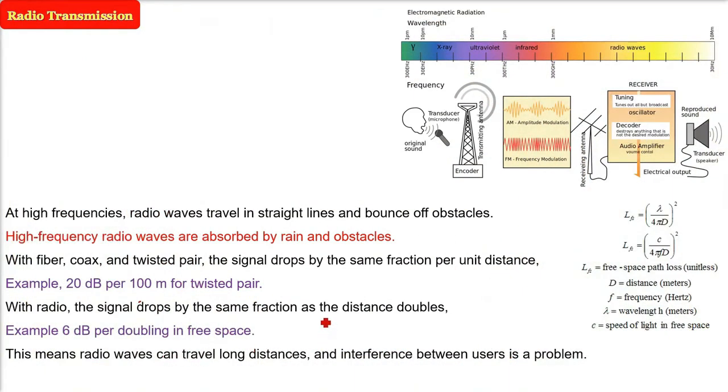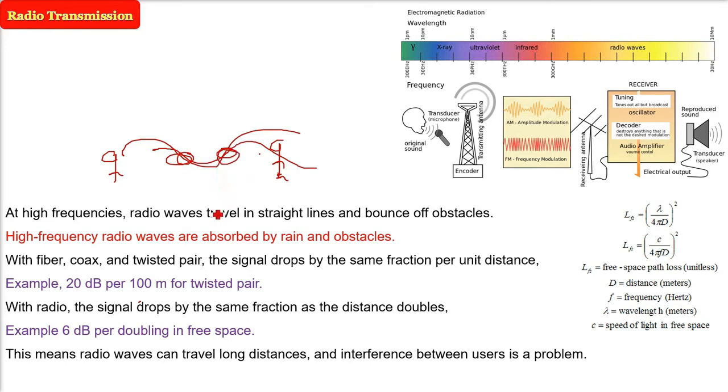This means that radio waves can travel long distances, and therefore if two people are sending radio waves, interference will take place. Constructive interference can be there, destructive can also be there. The destructive interference will attenuate both the signals.